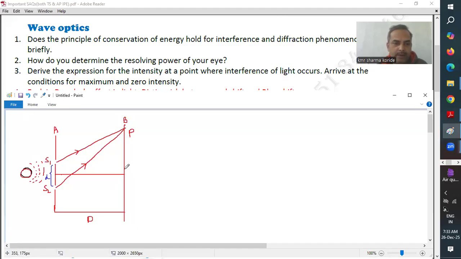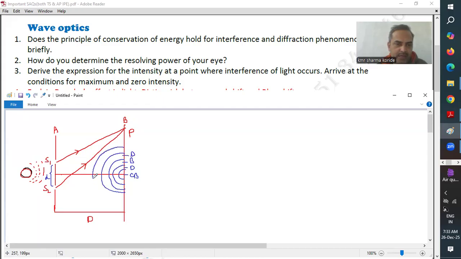A central bright band is formed here. Around the central bright, there is formation of dark band. Around the dark band, there is again formation of bright. Again around bright, there is dark.